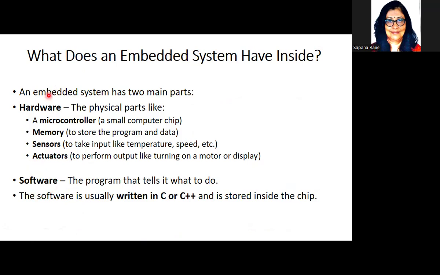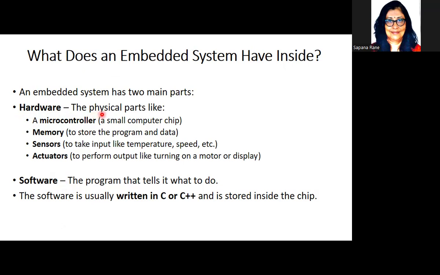Now, let us explore what an embedded system has inside it. As we have studied, mainly there are two parts of the embedded system. One is the hardware and another is the software. What do you mean by hardware?